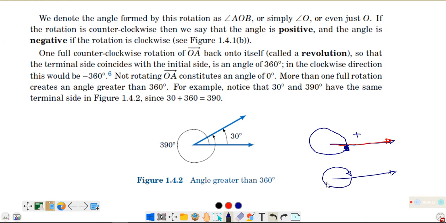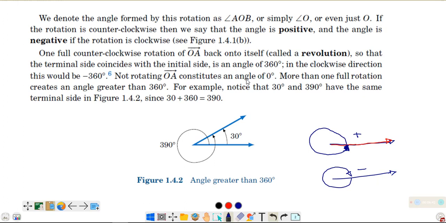Tapos ito naman, nasa taas yung arrow natin, arrowhead. Kasi ang direction niya ay clockwise. This is negative. So, not rotating OA constitutes an angle of 0. Meron na rin tayo ngayong angle na 0. Yun yung hindi gumalaw sa initial side at all. Nagko-coincide si terminal side and initial side dahil hindi gumalaw sa initial side.